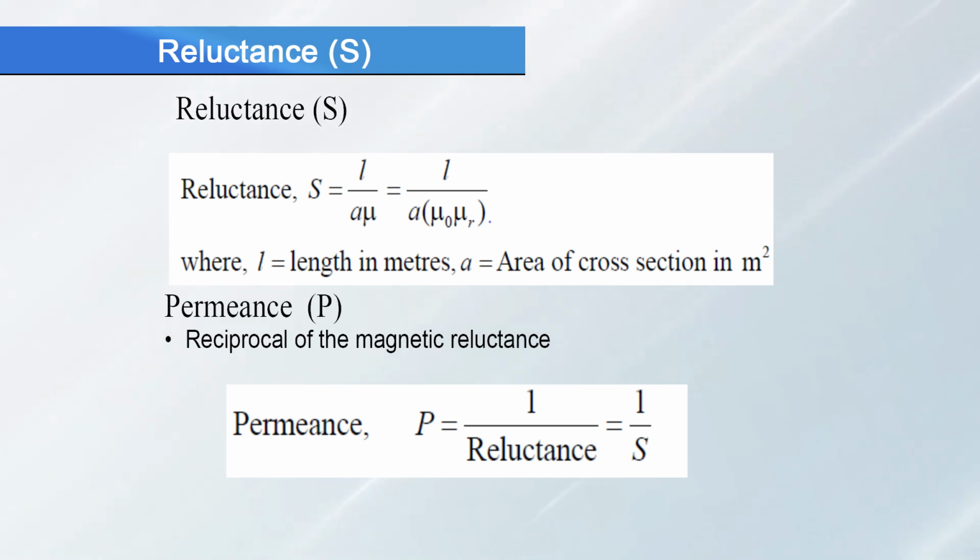It is given as P equals 1 by S. The unit is Weber per ampere turn or Henry, and we can also express this as the ratio of mu A by L, where mu is permeability, A is the area, and L is the length of the magnetic path.